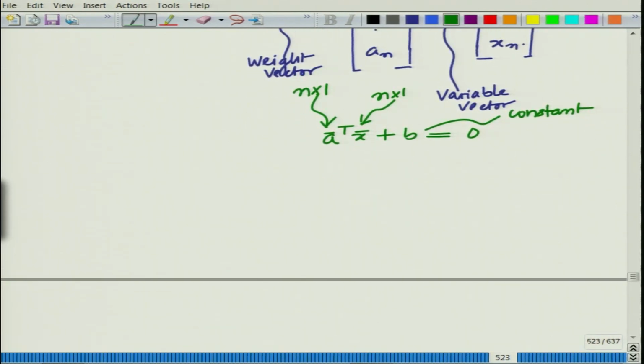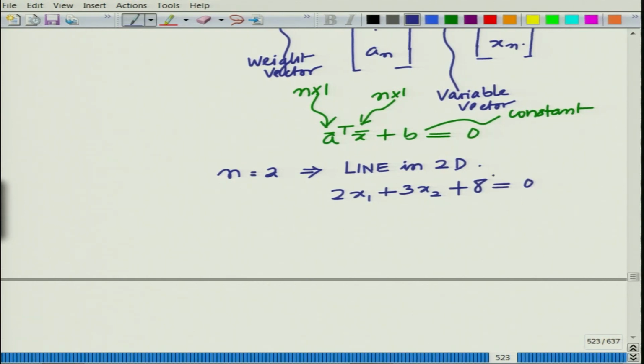Now, for instance, if n is equal to 2, this becomes a line in 2D space. Let us take a simple example, 2x1 plus 3x2 plus 8 equal to 0. This is a line in 2D.